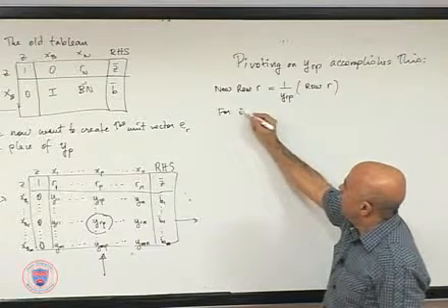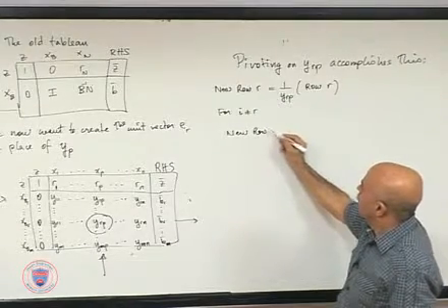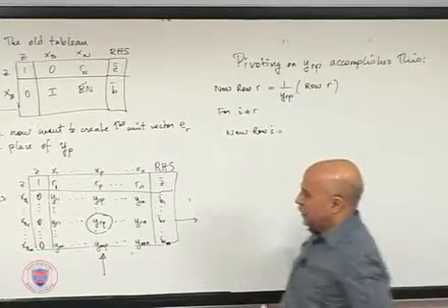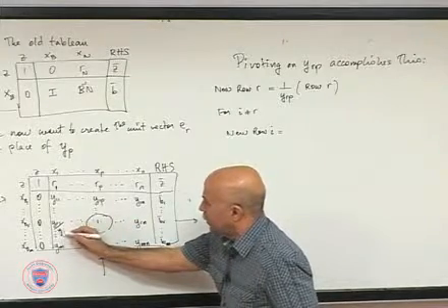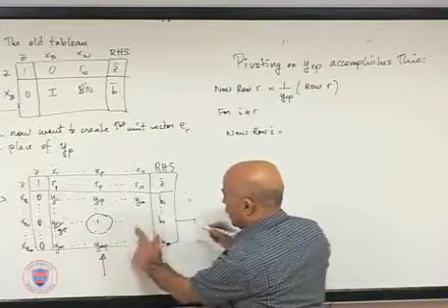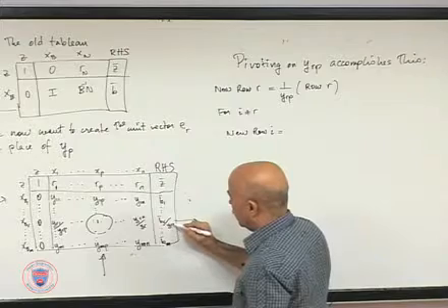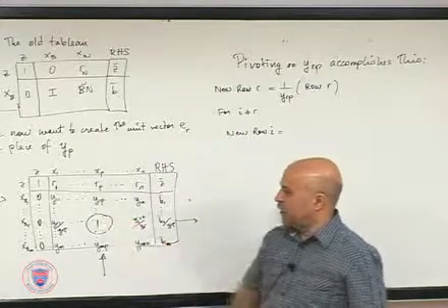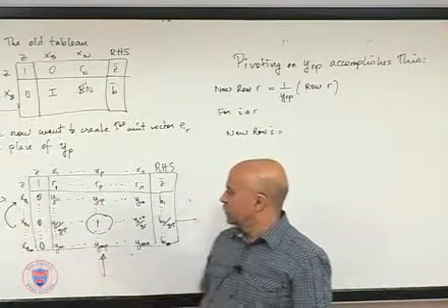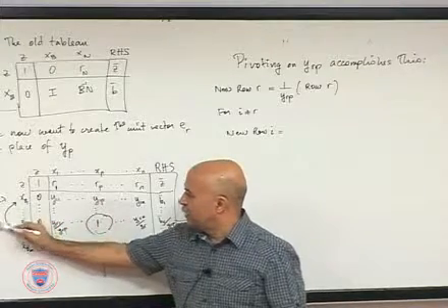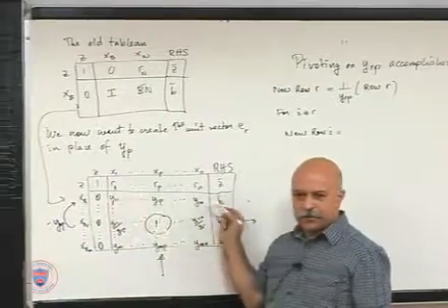For I other than R, new row I is going to be, now that you have a 1 here after the division, of course these are all divided by the same number. This one also. Now that you obtained the 1 here, to create a 0 here, what do you do? You multiply this by minus Y1P and add it to that row. Okay?